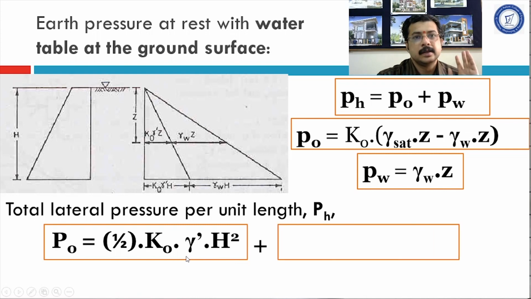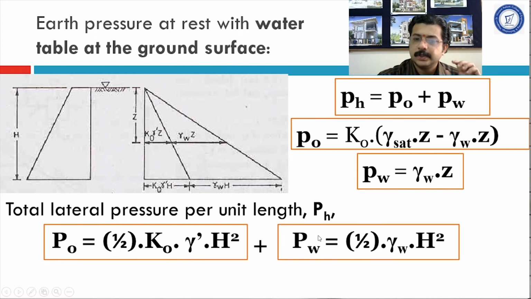Plus pressure due to water. So capital PW is equal to again half base into height. The base of this water pressure is gamma W multiplied by H. There is no need to multiply with K0. Here K0 is going to be 1. The reason, we know, is that pressure is the same in all directions in case of water.